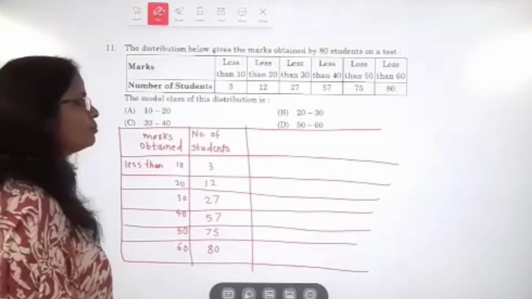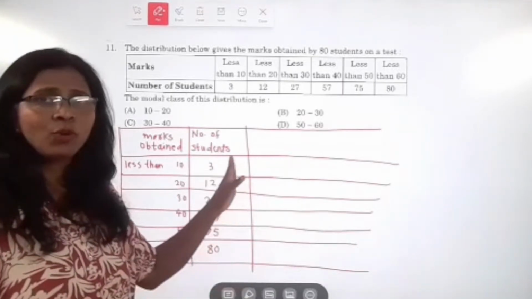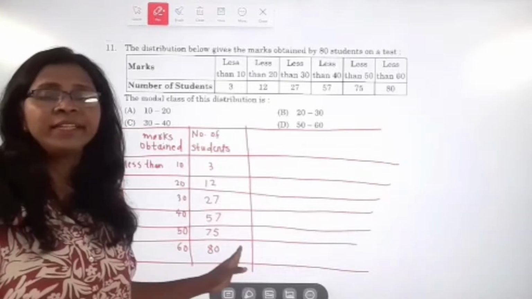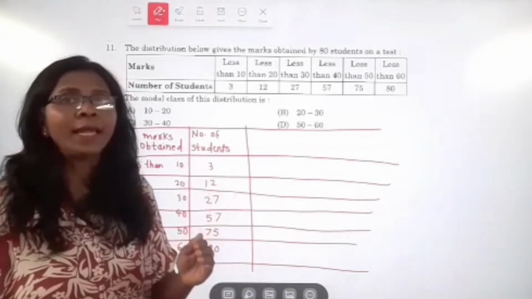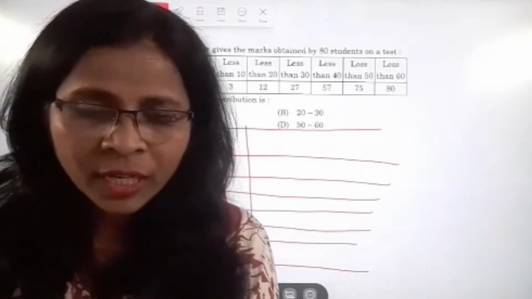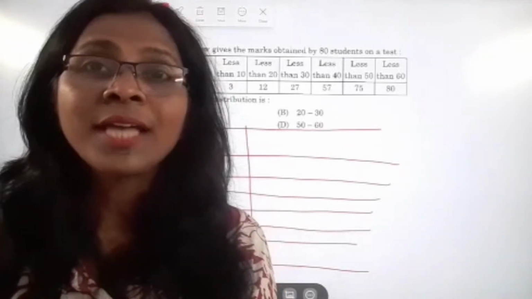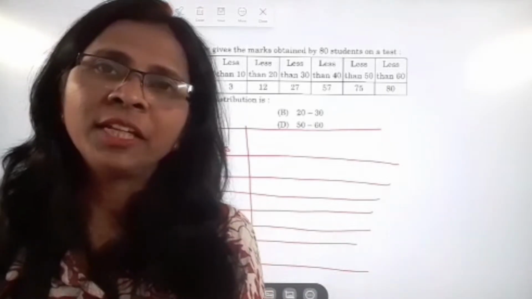This column is the cumulative frequency, and we have to calculate the frequency here. So how can we find out the frequency?